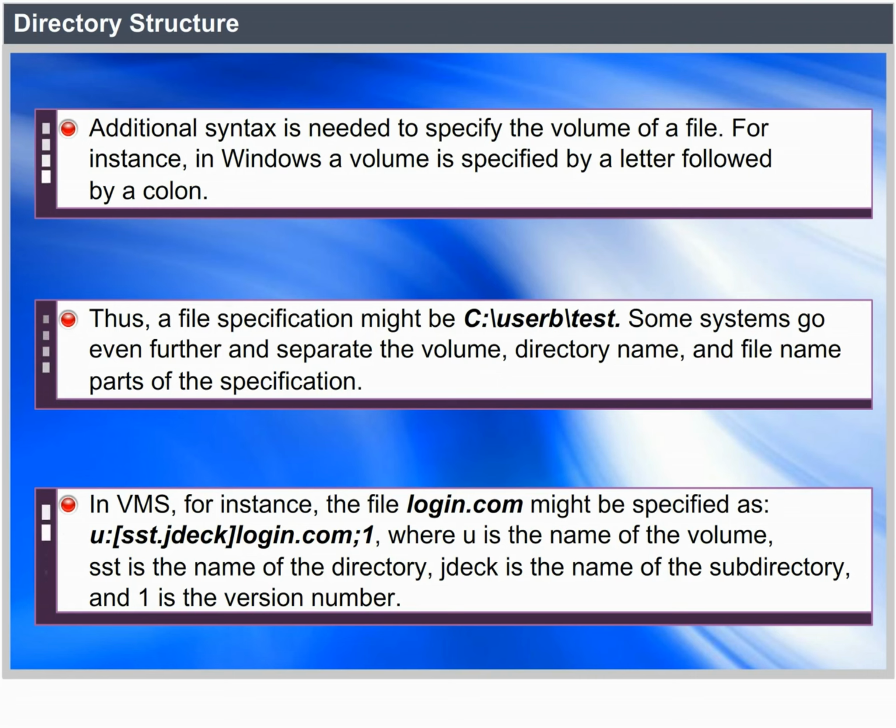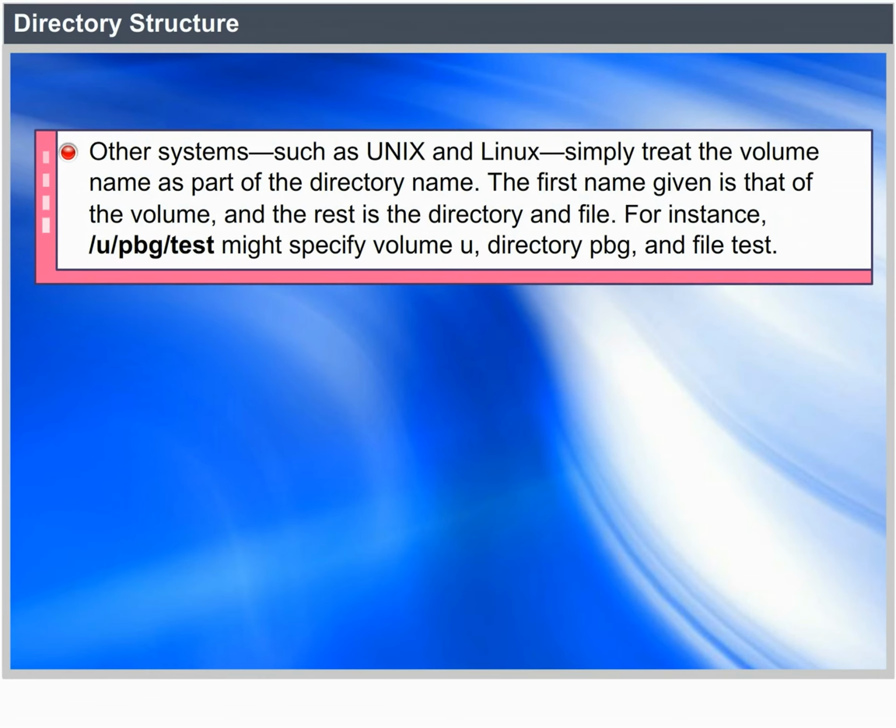Other systems such as Unix and Linux simply treat the volume name as part of the directory name. The first name given is that of the volume and the rest is the directory and file. For instance, /u/pbg/test might specify volume U, directory pbg, and file test.